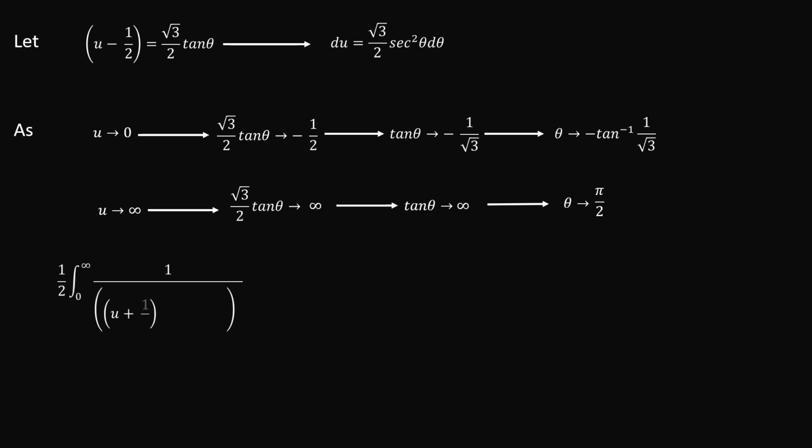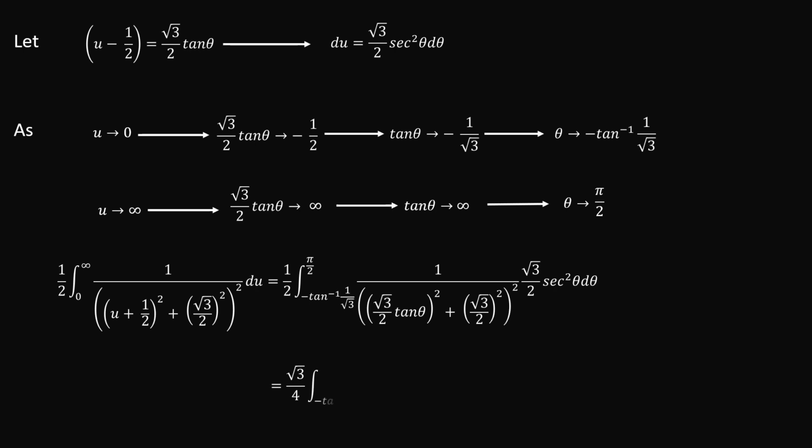So simplifying the integral would mean that now we have root 3 over 2, because now we've pulled the root 3 onto the sec squared side, and then with this half, it becomes root 3 over 4, integral from negative arctangent 1 over root 3 to pi over 2 of 1 over (root 3 squared over 2 sec squared theta) squared.